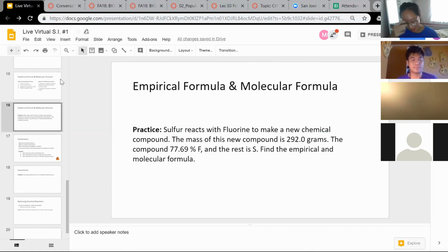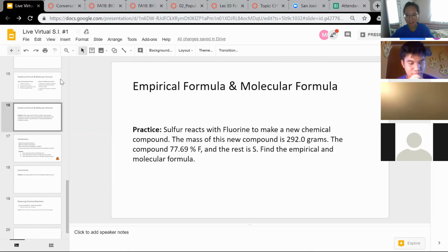Okay, so I got 1 mole of sulfur and for fluorine, I got 5.87 moles. But when you're making these numbers whole numbers, you need to multiply all of the numbers by the same number. I'm pretty sure you can't just change one of them.